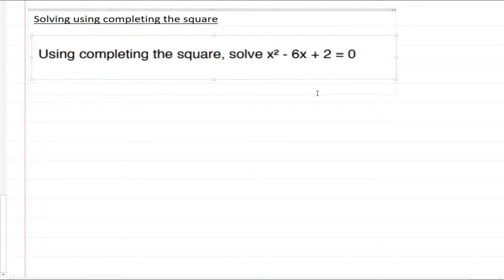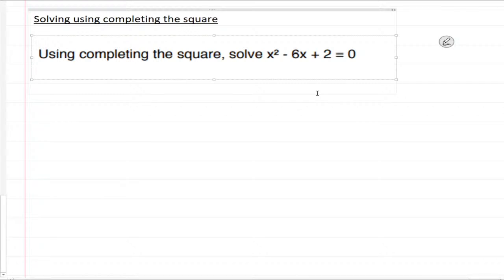Here's the question. Solve using completing the square, this one here. There's no K because I've got this from Corbett Maths. Okay, so just do this one for now. Solve using completing the square: x squared minus 6x plus 2. In a second, I'll try and find one that was on OCR or Excel. But for now, let's just do this one.